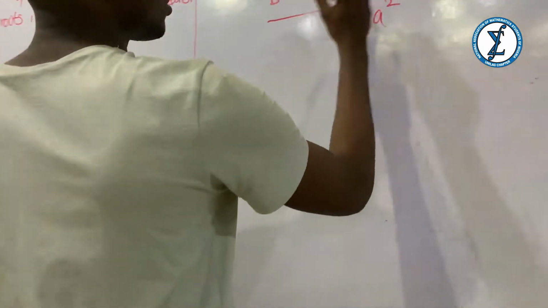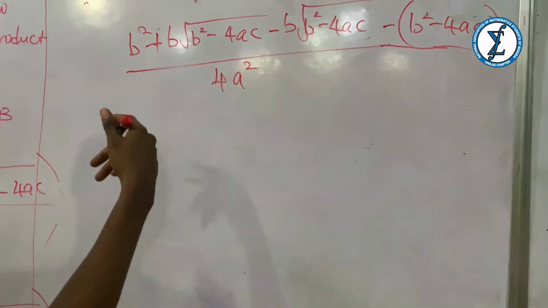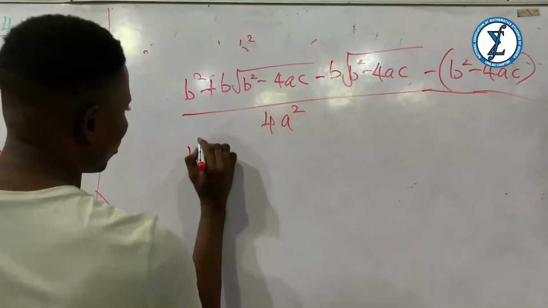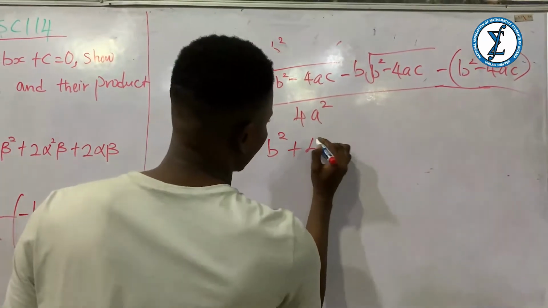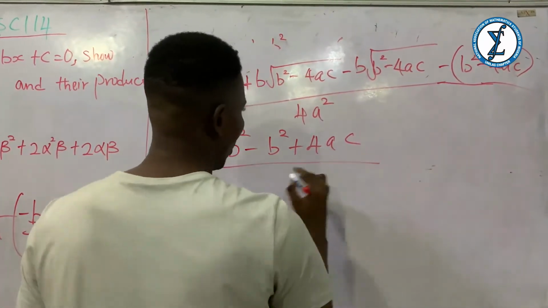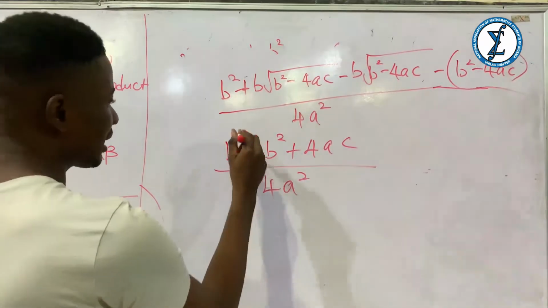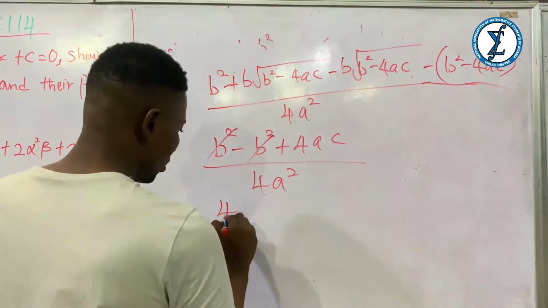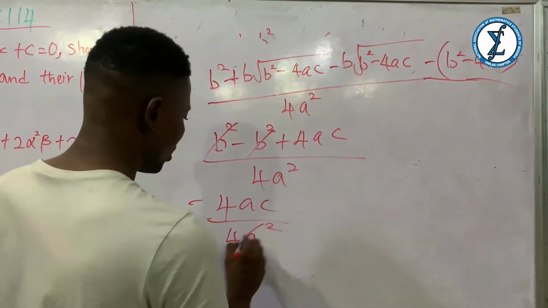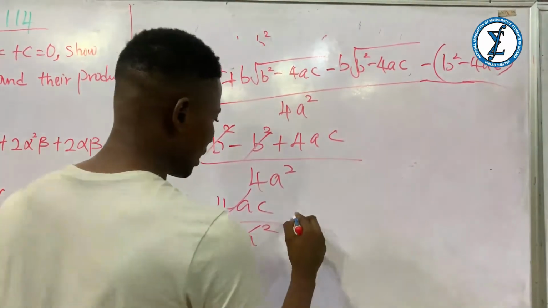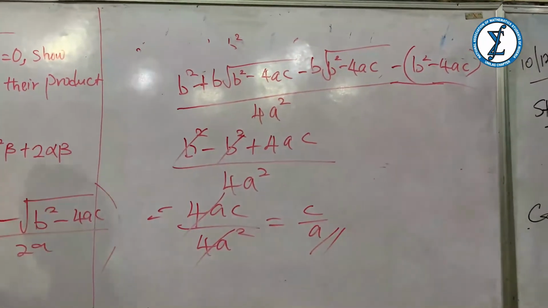Okay, this should give me plus. So this and this take each other out. So I have b squared minus b squared plus 4ac all over 4a squared. This cancels out this. I have 4ac over 4a squared. Automatically, this goes and I have c over a. We've been able to prove the second one.